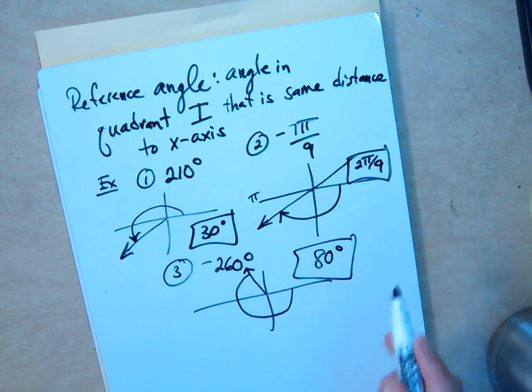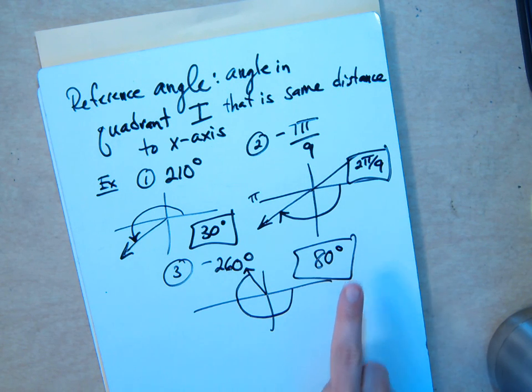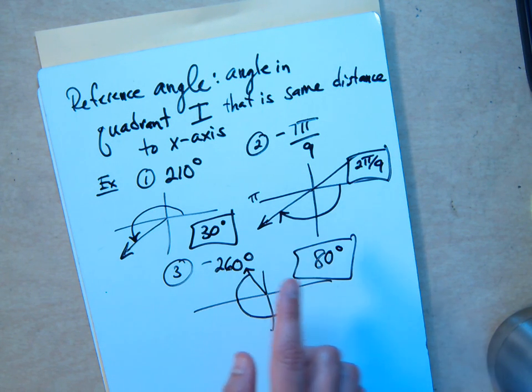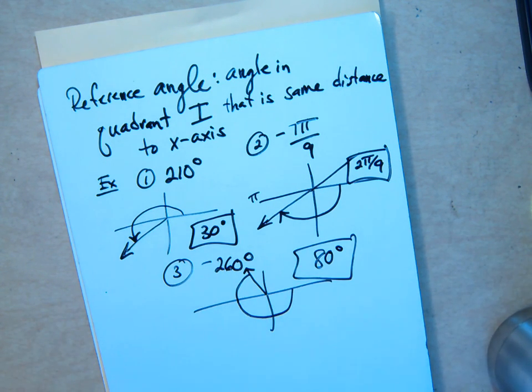That's the reference angle. Keep in mind 80 degrees is not on the unit circle, so I wouldn't ask you to find the sine or cosine without your calculator. If it's on the unit circle, you should be able to do it without your calculator. Otherwise, you're going to need your calculator. We only use the unit circle because it's convenient, because it makes answers turn out nicely.